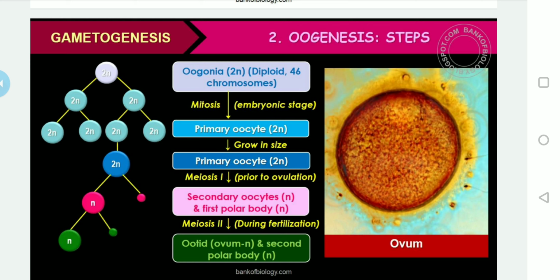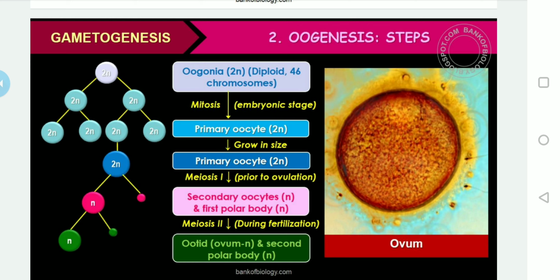This phase begins when the female attains puberty. Remember, the growth phase begins when the female attains puberty, that means when the menstrual cycle gets activated. We will discuss the menstrual cycle in the further topics of the same chapter.